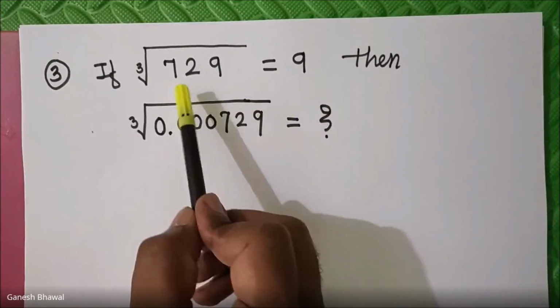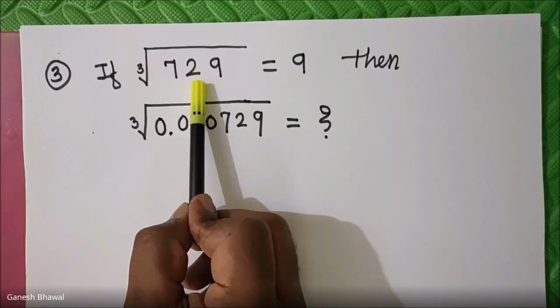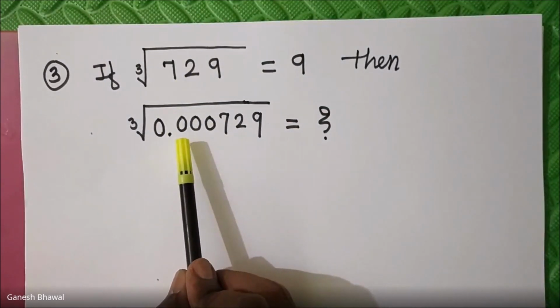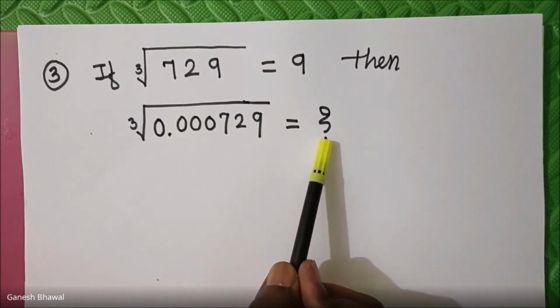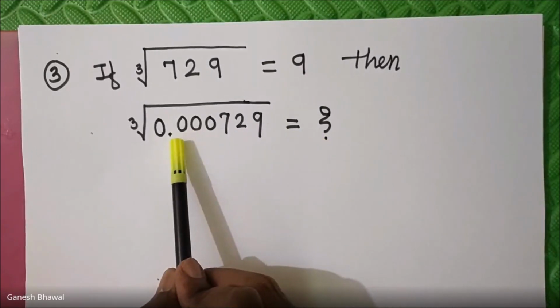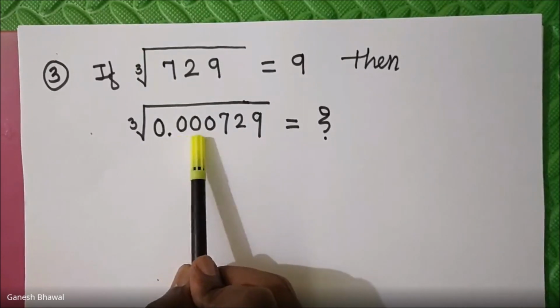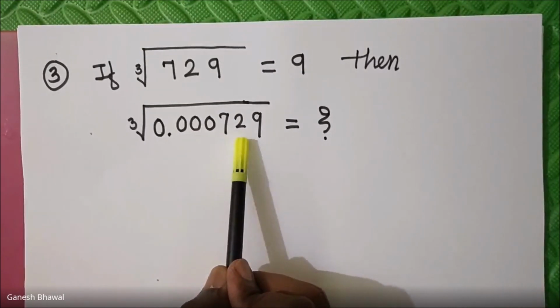If 9 is the answer for this cube root, then they have asked what will be the cube root of 0.000729.